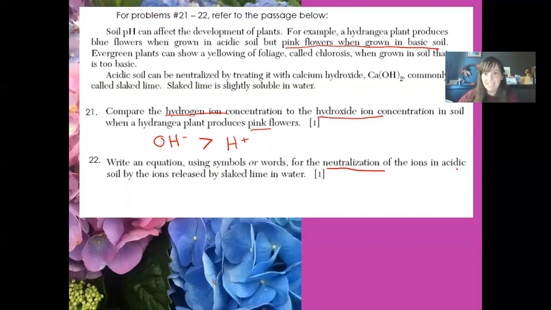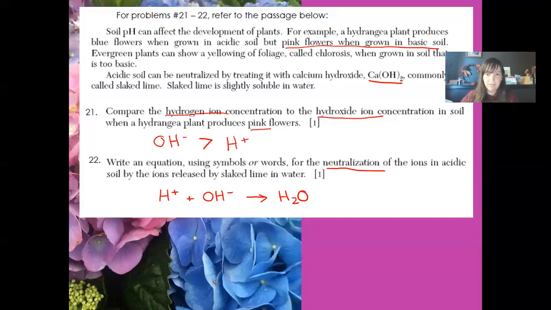So the ions in acidic soil are going to be H+ ions, because H+ is what you get from an acid. By the ions released by slaked lime, that'll be the hydroxide ion. The slaked lime is this guy, the base. And that makes H2O.